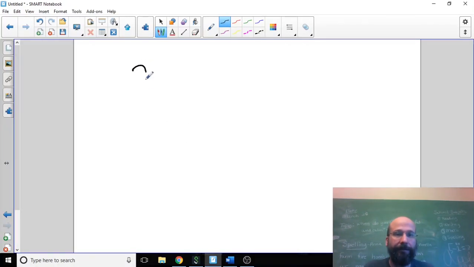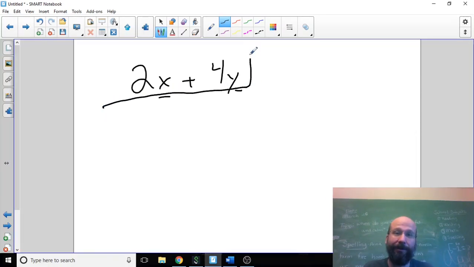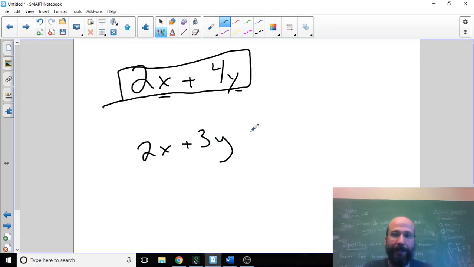The only thing to be aware of is that these are not like terms because this variable is x and this variable is y. They have to be the same letter. These are not the same letter. So this would be all you could do with this one. An example of this would be something such as 2x plus 3y minus y.